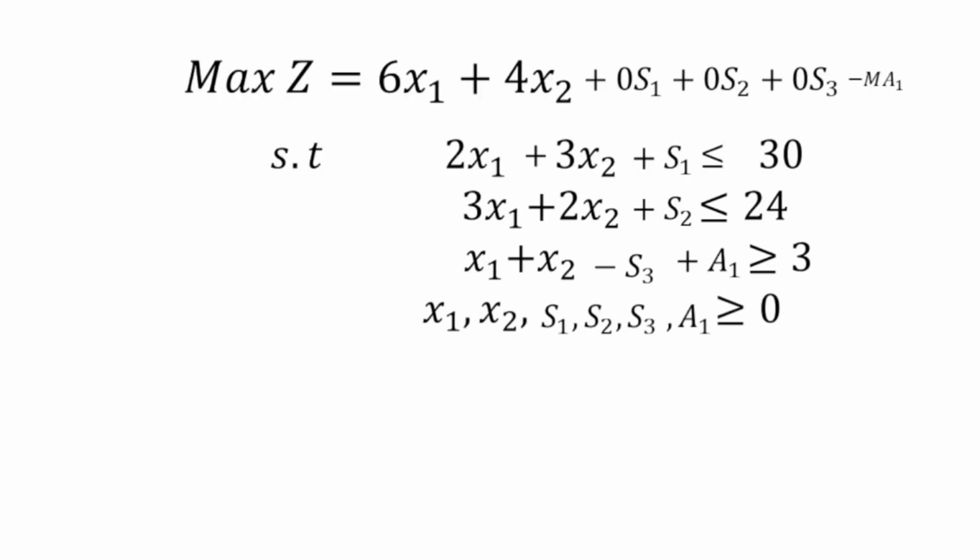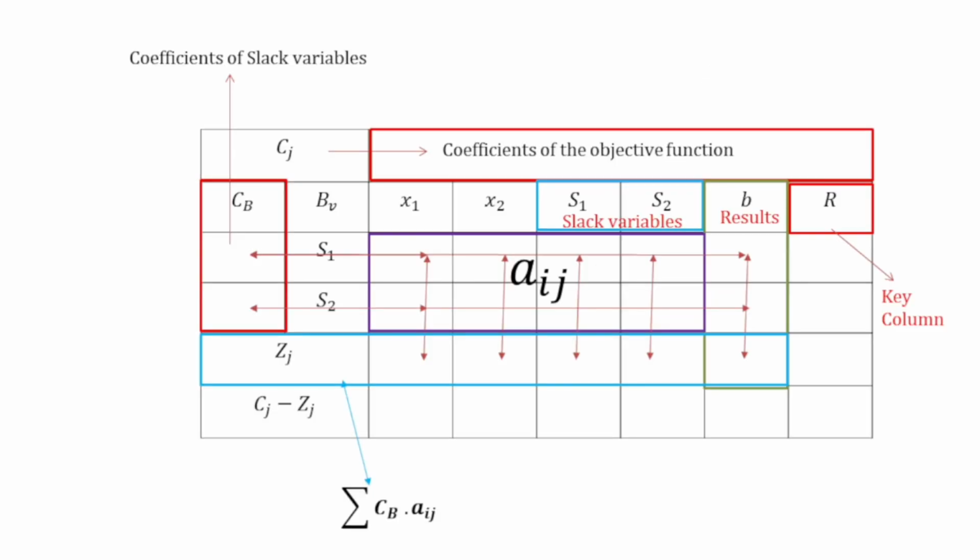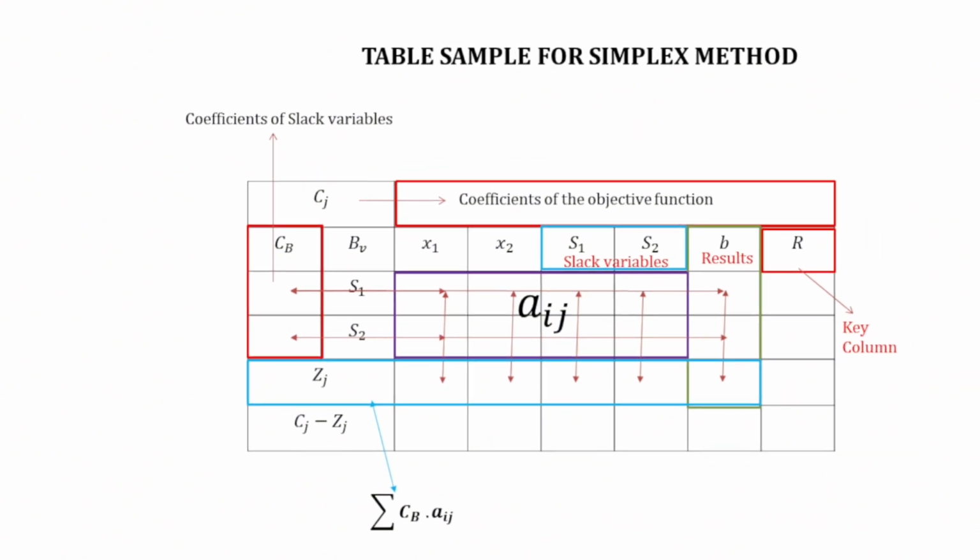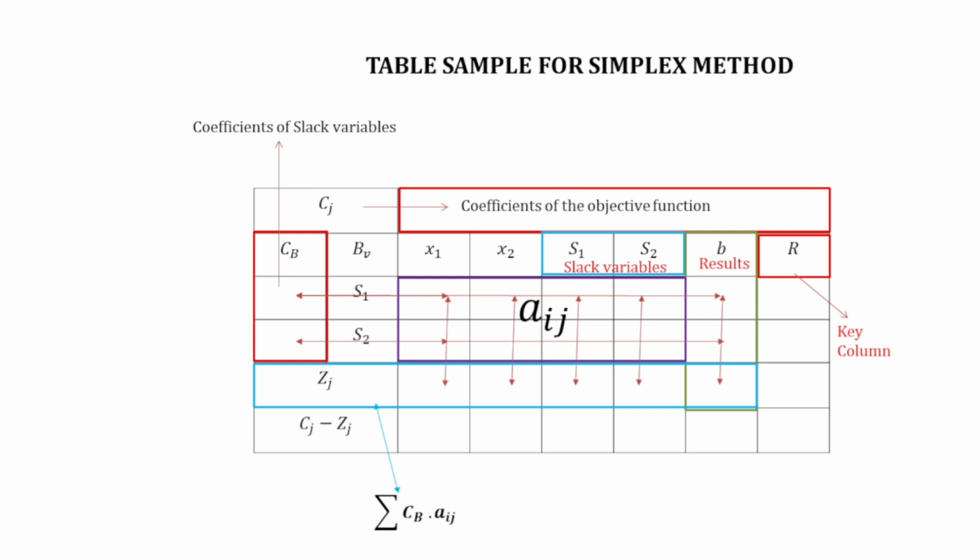All right, so now this is our question. This is what we're going to be working with in our table to get our final answer. Remember that from the Simplex method we have a table which we explained, so please don't forget to look into the description section to check out the link for the Simplex method, so you can actually understand how we got here on the table.